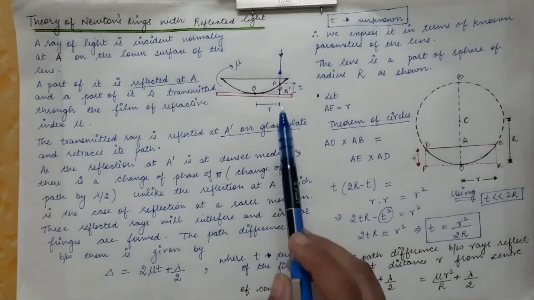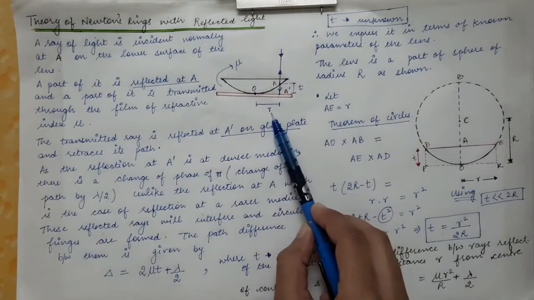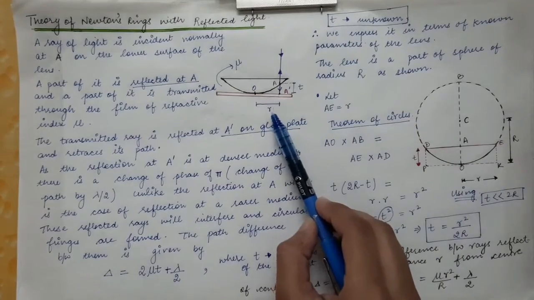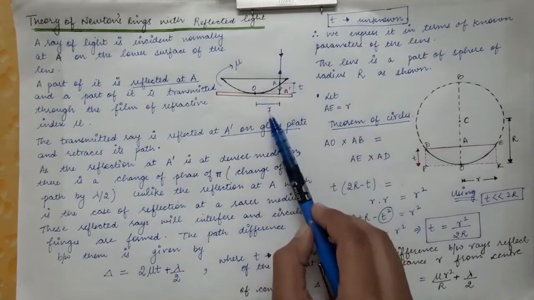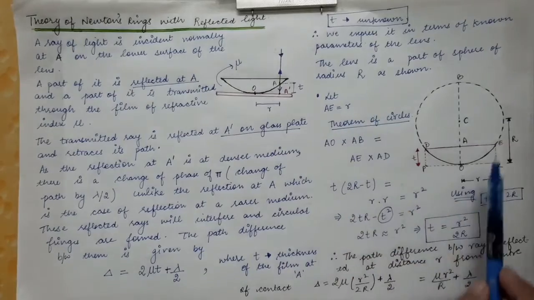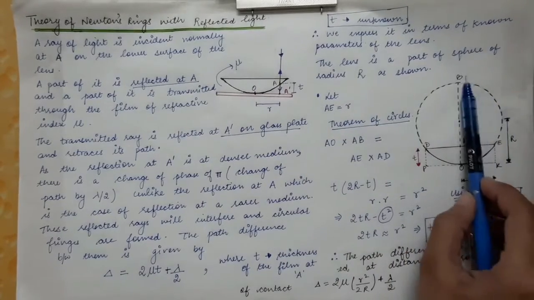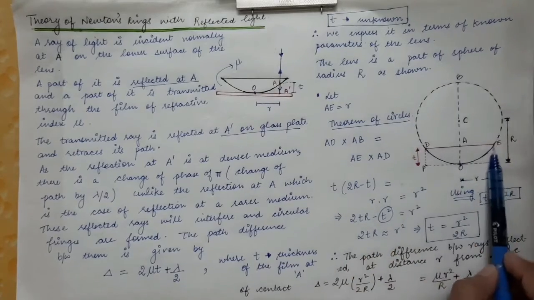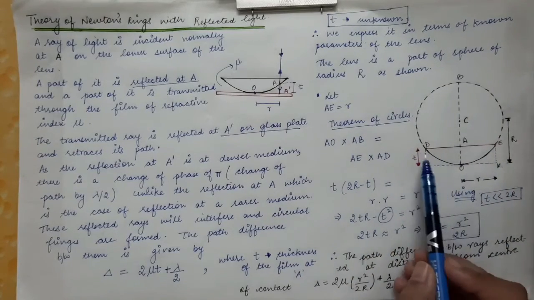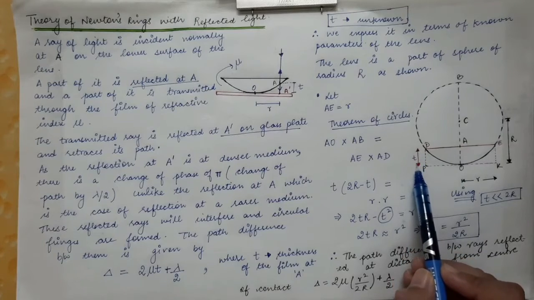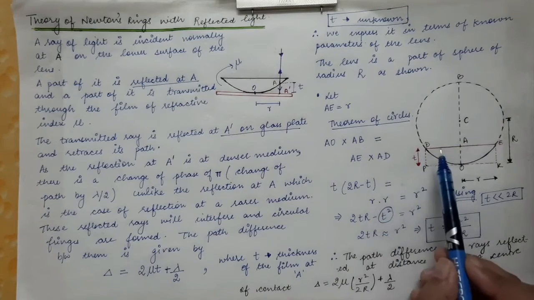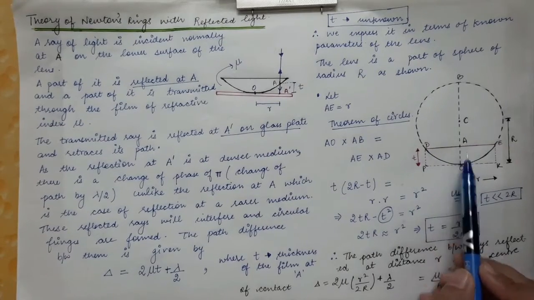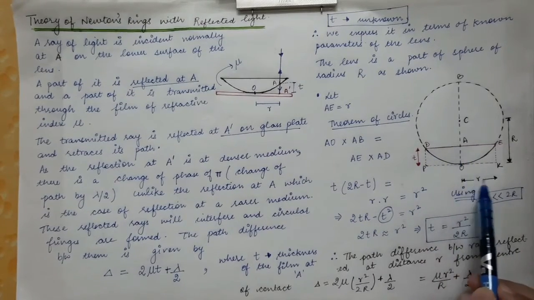So now our main task is to find the expression of t in terms of small r, which is the radius of the circular fringes, and capital R. So in this diagram we will use the theorem of circles. This is the lens, and this is the thickness small t whose expression we want to find, and the distance of this point from the point of contact, let's say, is small r.